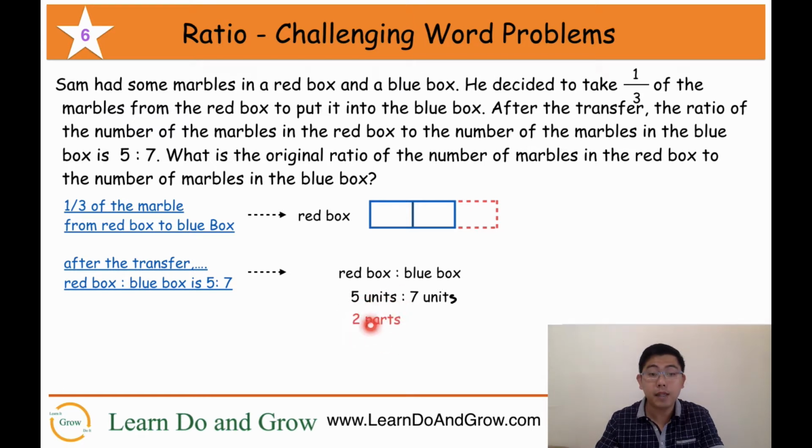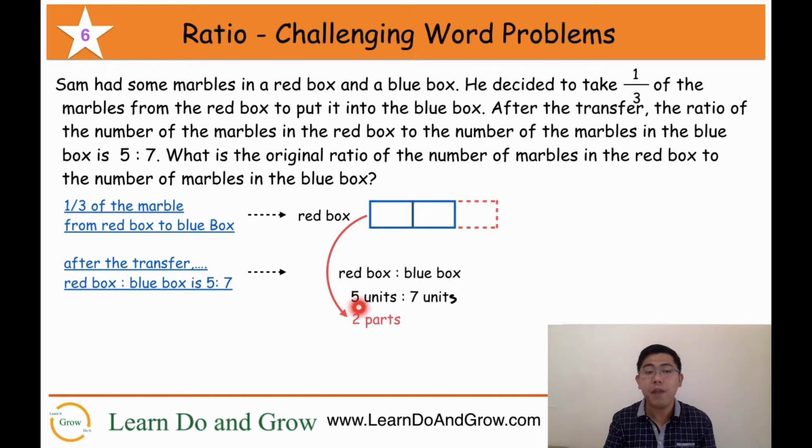This 2 part comes from over here. And why do I put it in the same place here? Because they have the same quantity. After the transfer, although I have 5 units, meaning I split it into 5 parts, the quantity stays the same. And the quantity equals this leftover one, the same quantity.